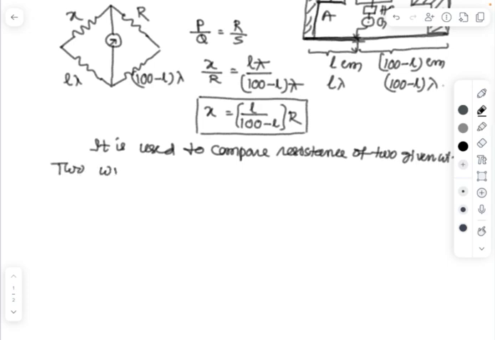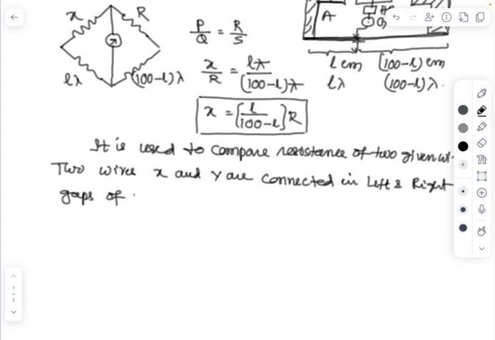Two wires X and Y are connected in the left and right gaps of the meter bridge, and the balancing length is measured.